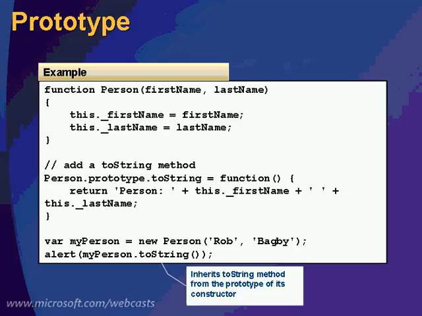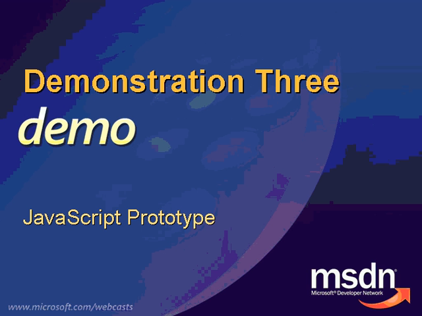So now at the end, when I call var myPerson equals new person, I'm creating an instance of this constructor, and it's named myPerson. Now myPerson inherits the toString method from my prototype, or the prototype acts as the template for my pseudo class, if you will. Okay, we'll see that again in just a little bit of code.